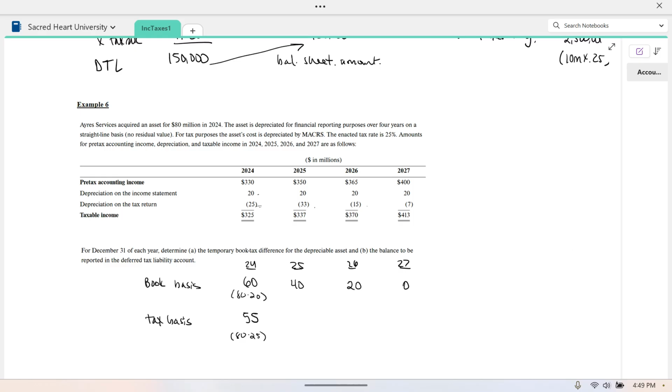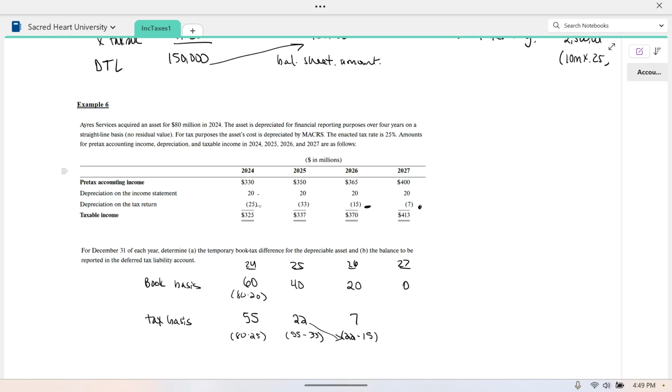So it starts off at 55, and then take the 55 beginning book value, subtract out the 33 for depreciation from the tax return that we see here. We have tax basis of 22. Start with that 22. Subtract out the 15 tax deduction on the tax form. We get 7.